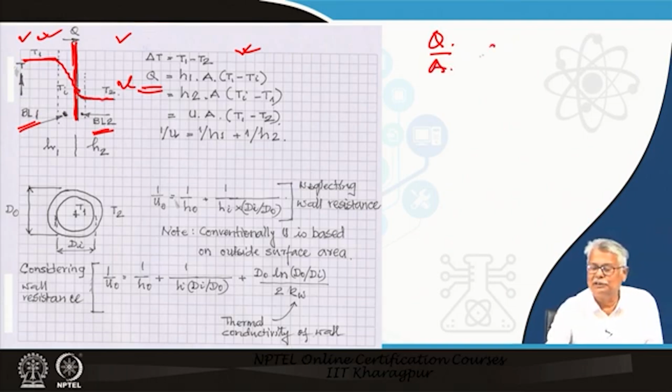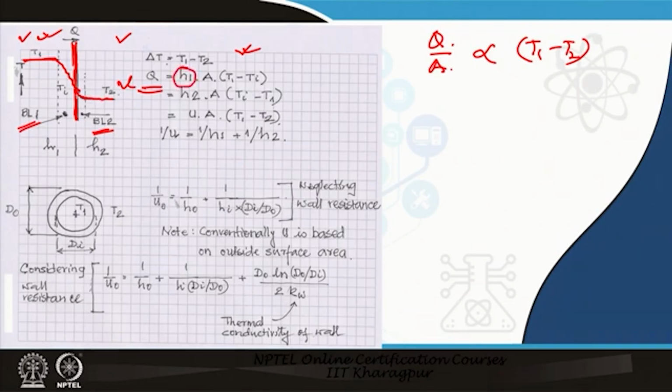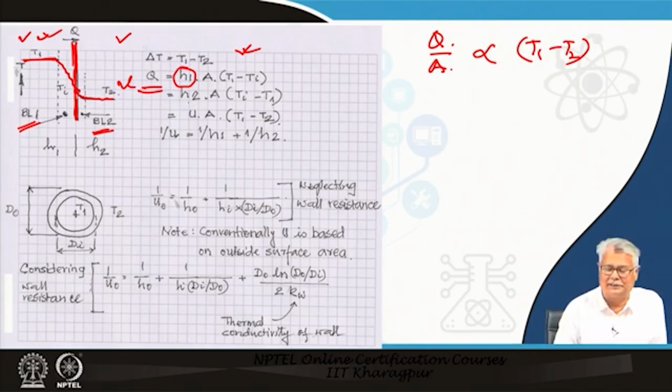So, it is proportional to T1 minus T2. And what is the H1 or the heat transfer coefficient? It is the constant of proportionality. So, quite naturally what we expect to find, there will be one heat transfer coefficient to the left, another heat transfer coefficient to the right.